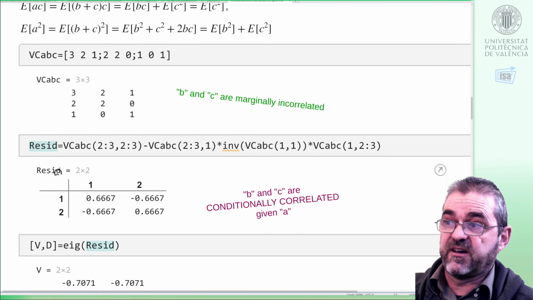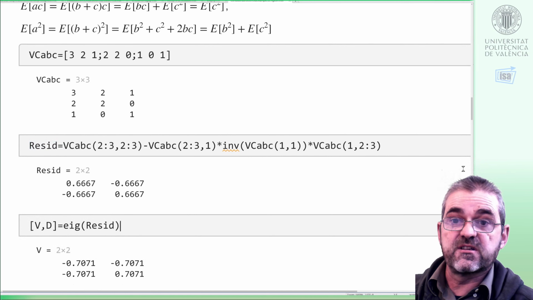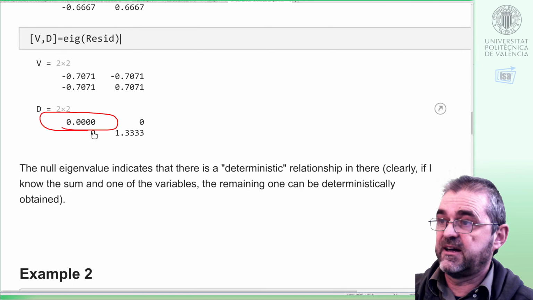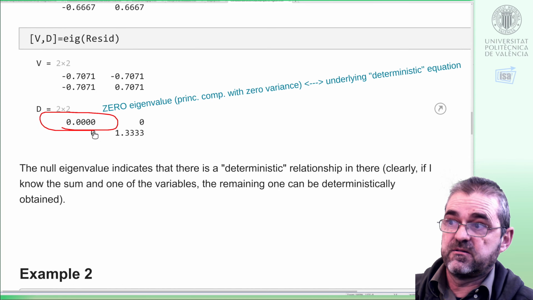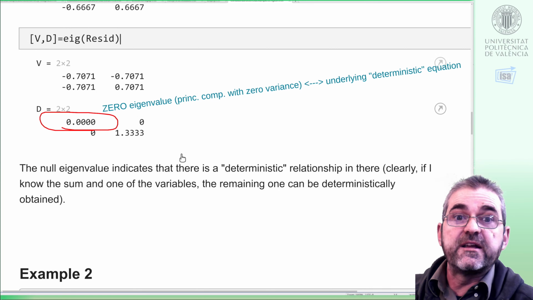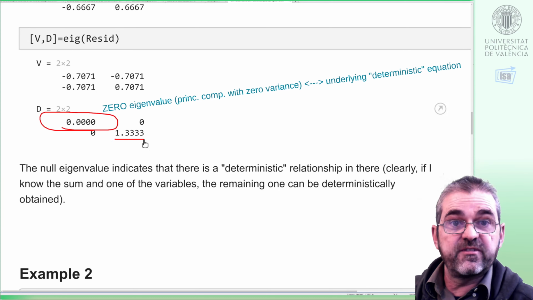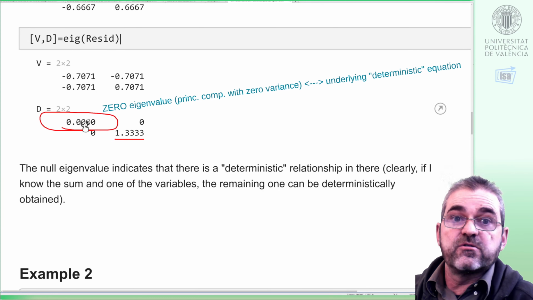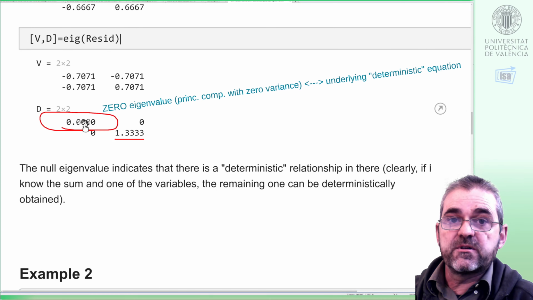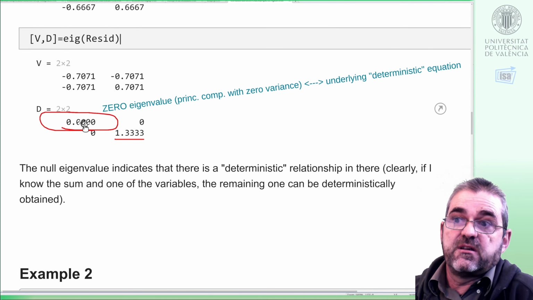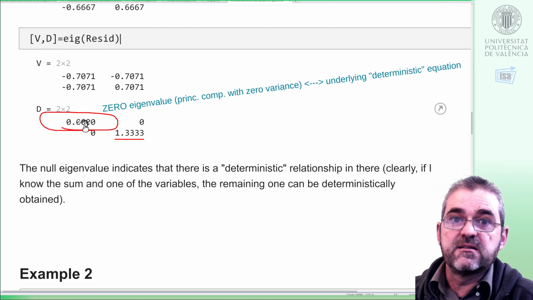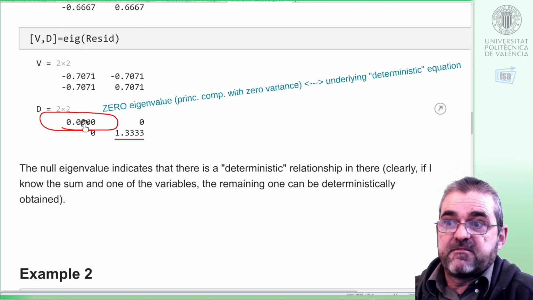In fact, if I compute the eigenvalues of this residual variance, I get this zero eigenvalue. So it means that in this 2 by 2 residual, there is still one source of randomness, but another source of randomness now has zero variance. So it is deterministic. Indeed, this is in accordance with common sense: if I know the sum of B and C, and I know, let's say, B, then I can compute C deterministically.